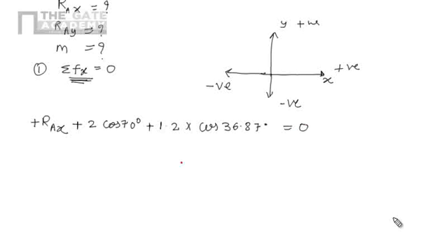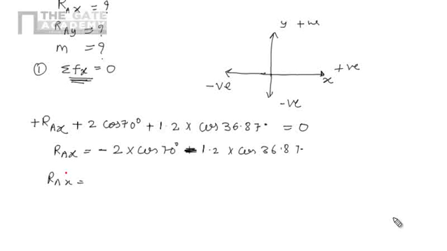So RAX equals minus 2 cos 70 minus 1.2 cos 36.87. The multiplication of 2 into cos 70 comes around 0.68, and 1.2 with cos 36.87 comes around 0.96.